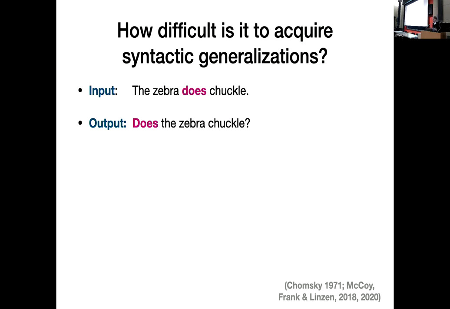This is an example of how you ask a question in English. You have a simple sentence, the zebra does chuckle. The way you ask the question is to move the word does to the beginning of the sentence. So how do you know which word to move?